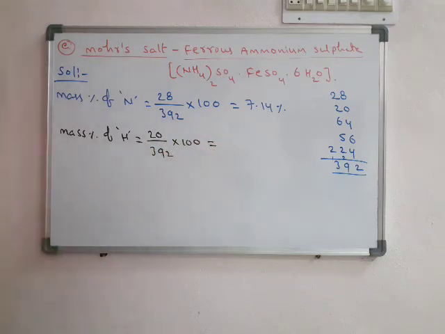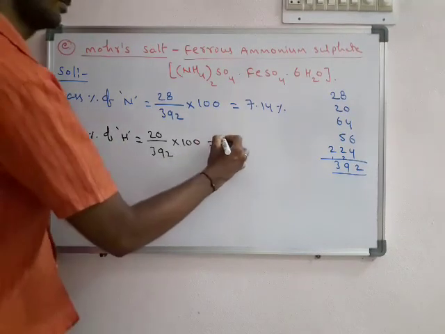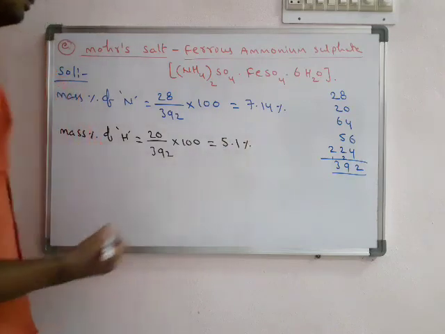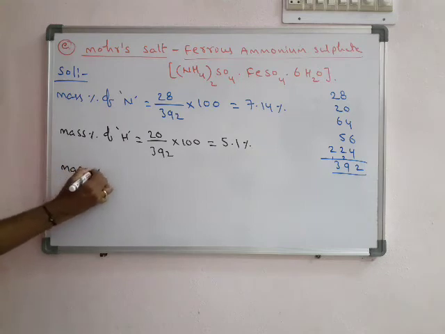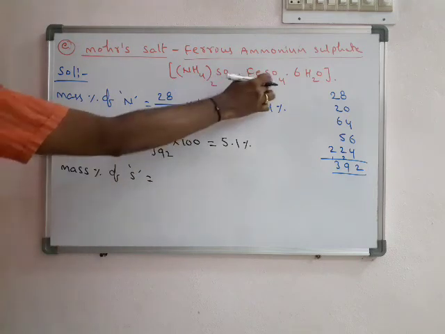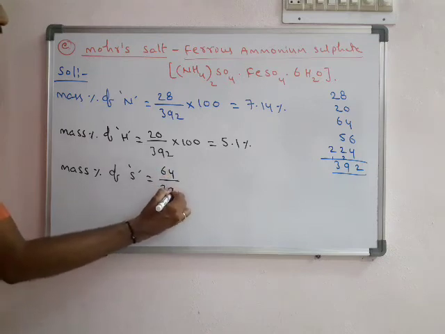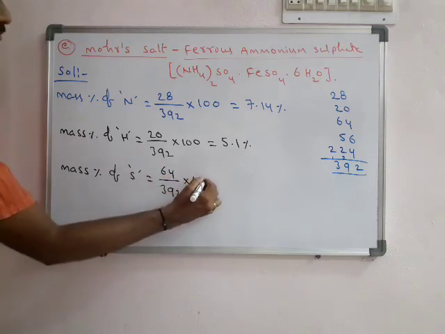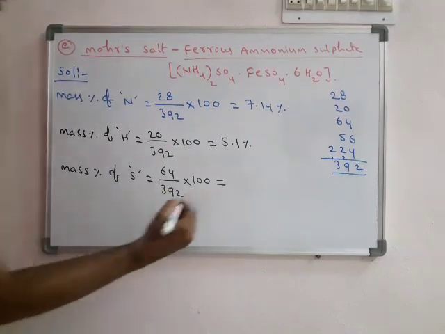So 2000 by 400, approximately we will get 5%. Again, mass percentage of sulfur. How many sulfur here? 2 sulfur, in sulfate. Total 32, 32, 64. Approximately nearly 20 percent, that is 16.32 percent.